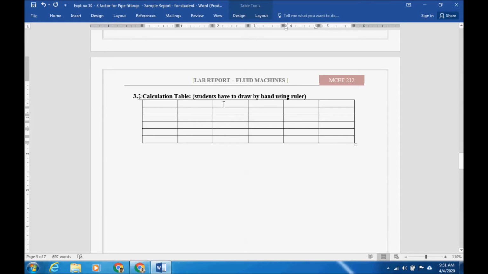Head loss HW is equal to K into V1 square over 2G. So K is equal to HW 2G over V1 square. So we can find out the K factor here, and the last column will be the Reynolds number, rho V d by mu. So you can complete the calculation table.